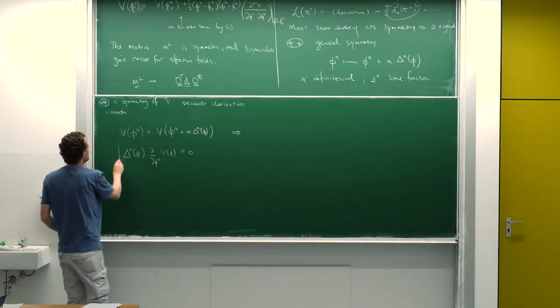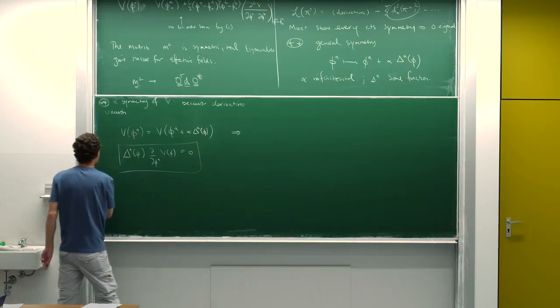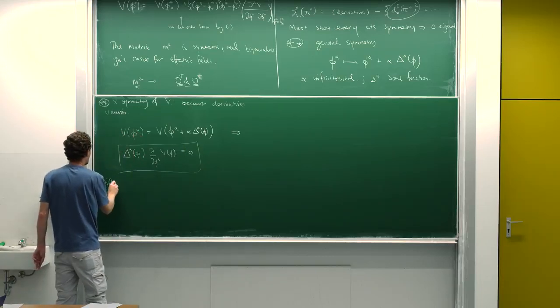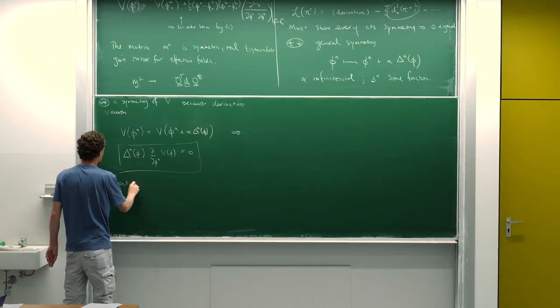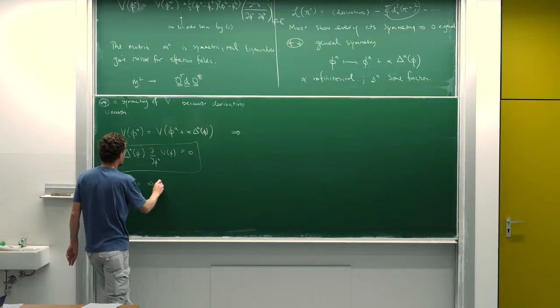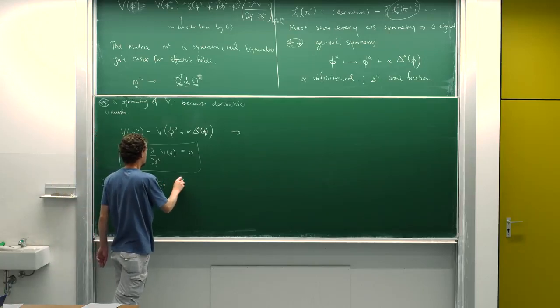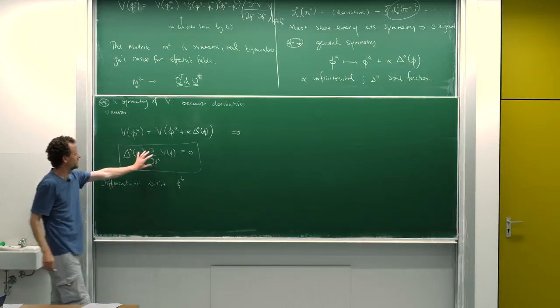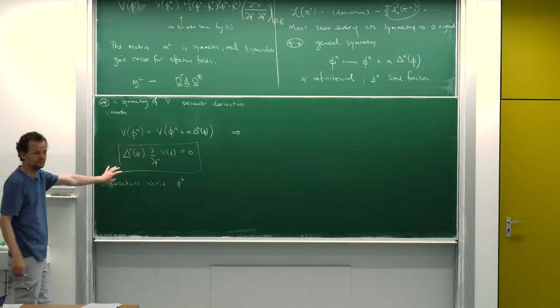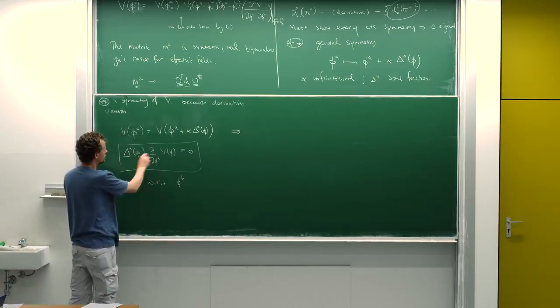So this is an important equation. So we're going to differentiate this expression with respect to phi b. We're going to get 2 terms.